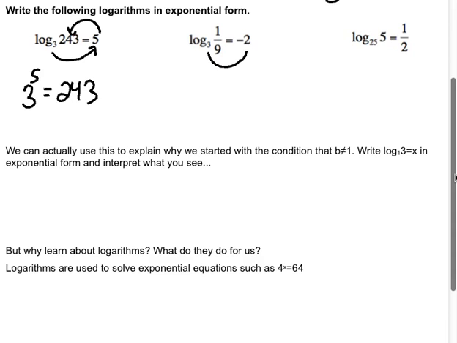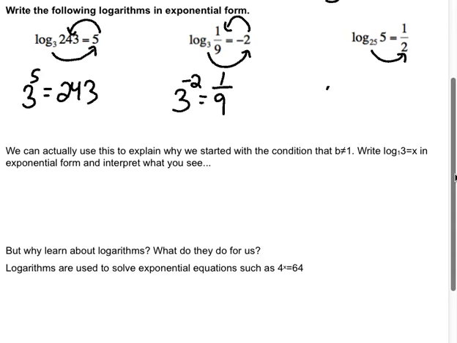Here, 3 to the negative 2 power equals, loop back, 1/9. And again, you could confirm that in the calculator. And what about this one?